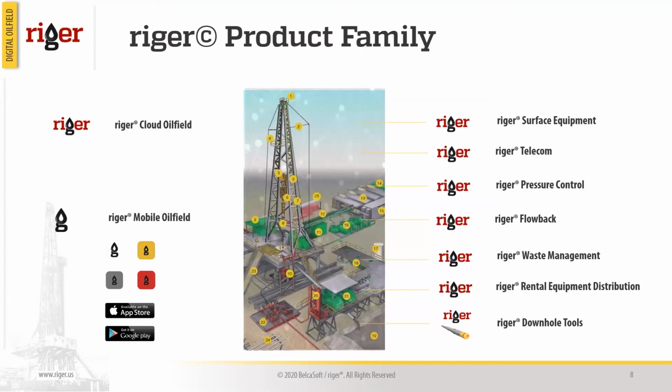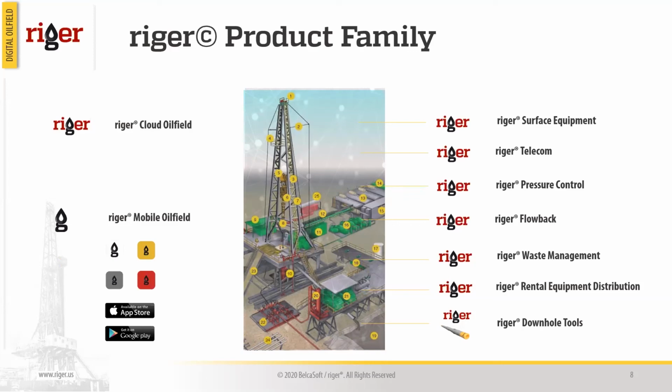The RigER product family consists of different products that are designed mainly for different types of equipment and types of services in the oil field.